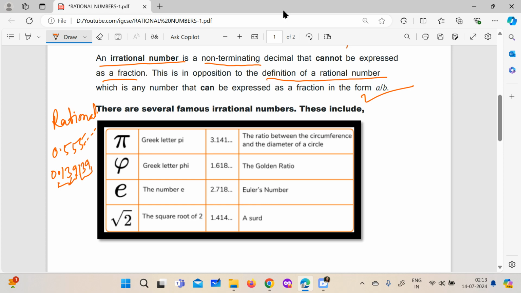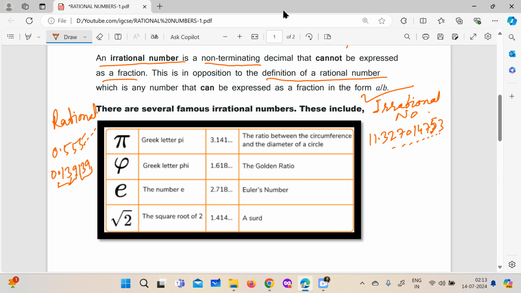But when we speak about irrational numbers, look at the pattern here. Irrational number is also non-terminating, meaning it is also recurring, but you will never find any pattern. So suppose it is 11.327014753 and that keeps on going.